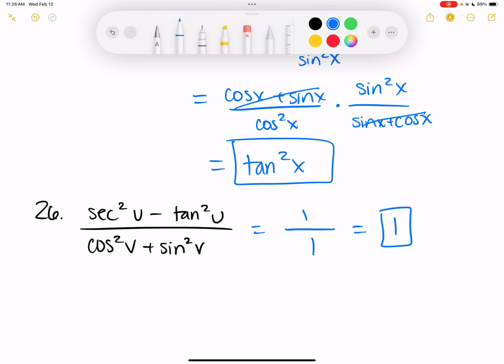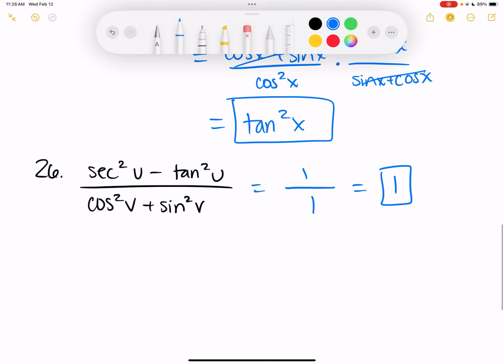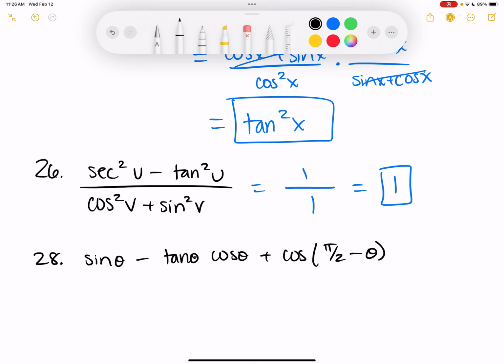All right, the next one says use the basic identities to change the expression to one involving only sines and cosines. Then simplify to the basic trig functions. So they want everything rewritten as sine and cosine first, and then simplified. 28, sine of theta minus tangent of theta times cosine of theta plus cosine of pi over 2 minus theta.